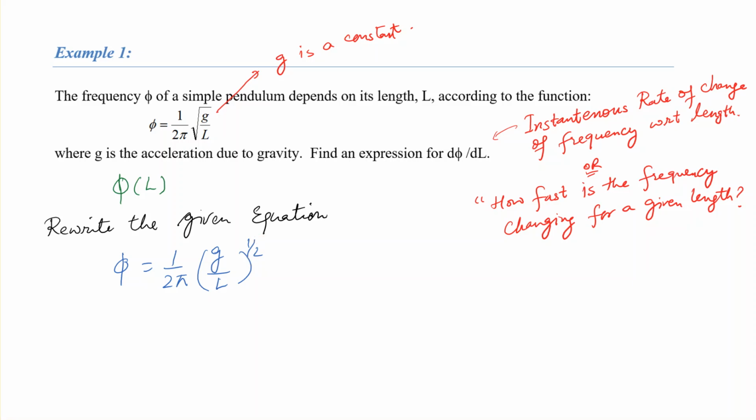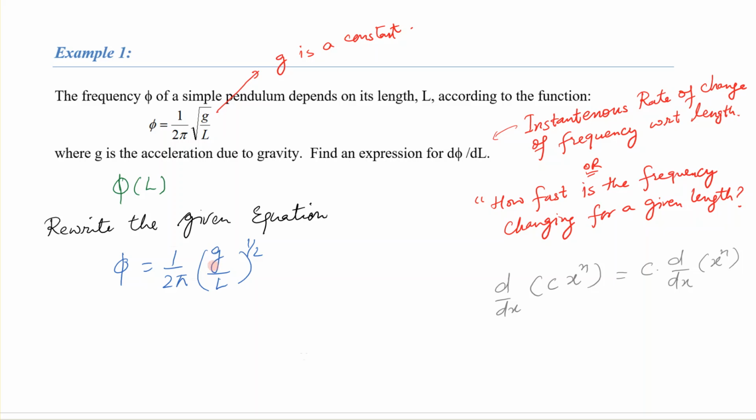If you recall, previously we learned that the derivative of a constant times a power function can be written as the constant times the derivative of the power function only. So a constant you can take out of the derivative. In this case, we know that 1 over 2 pi is a constant, and also square root of g is a constant.